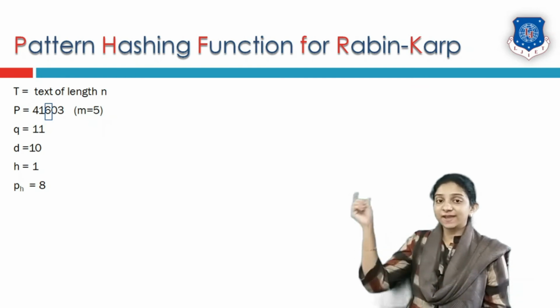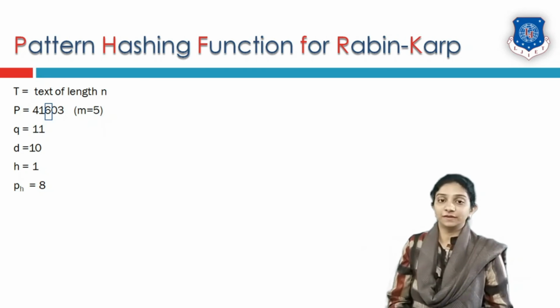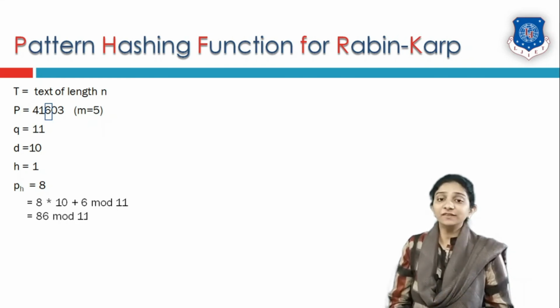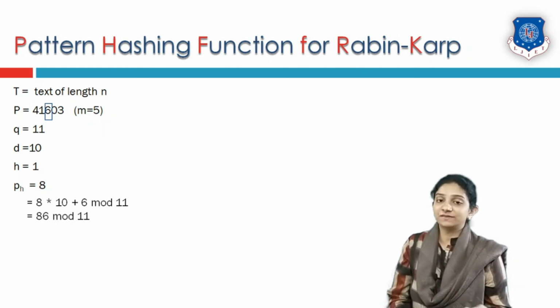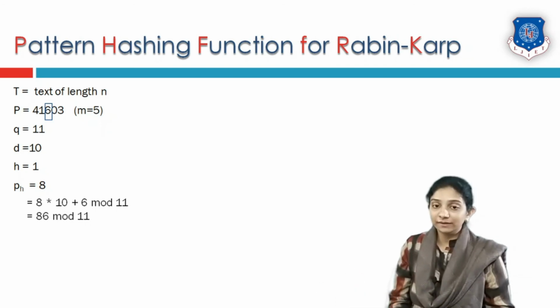Now the next character in the pattern is 6. So I will multiply 8 by 10, add 6, and take modulo with 11. That is equal to 86 mod 11. The maximum value I can subtract from 86 using the table of 11 is 11 sevens, which are 77. So the remainder of 86 divided by 11 will be 9.